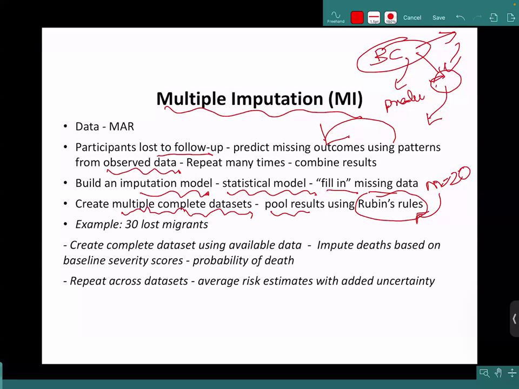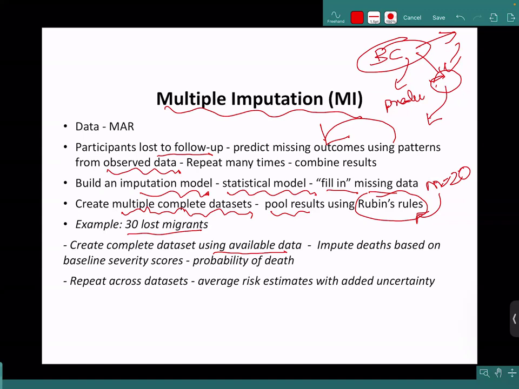So you have, supposing in your follow-up, 30 lost migrants. Now you have some baseline data, right? It could be the age, gender, residence, socioeconomic status, many things you feel are associated with missingness, as well as associated with the outcome, say death. So you know that these are good predictors of the outcome based on other studies.